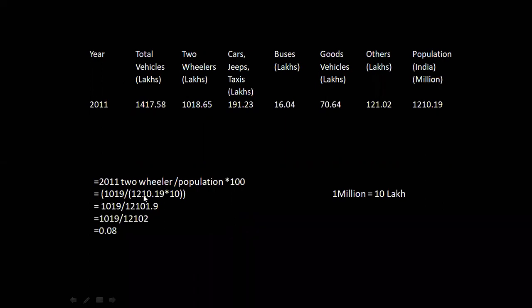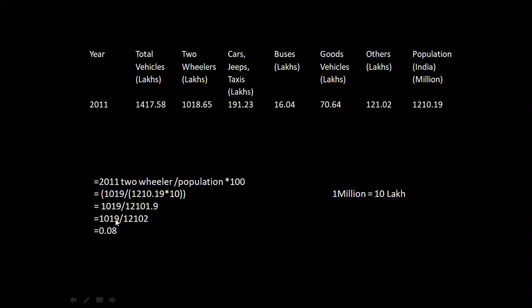1019 divided by the population. It was 1210.19, but I'm multiplying it by 10 in order to convert it into lakhs. So when you convert it, 12,101.9 will be there. I'm rounding 9 up into the unit place because it is more than 0.5. So it will be 12,102.